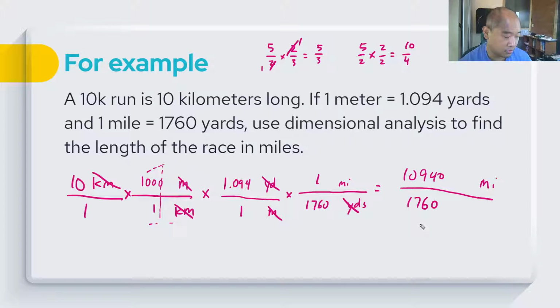Then we need to convert this. You could convert this into a mixed fraction if you would like, but I'm going to convert it to a decimal because it's easier on a calculator to do that. So that gives you 6.215 miles. So a 10K race is basically a 6.215 mile race.